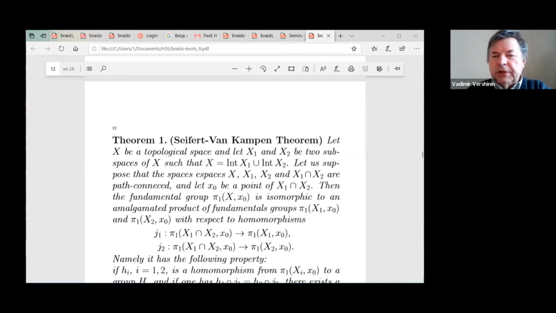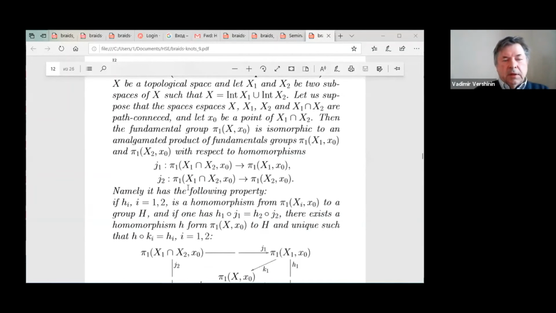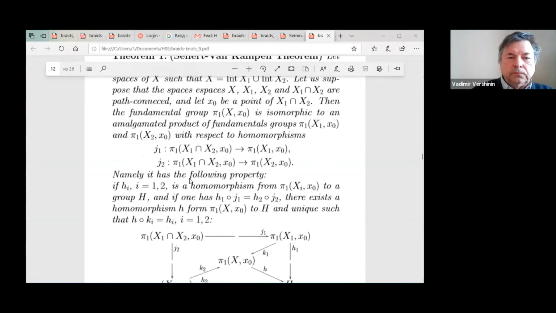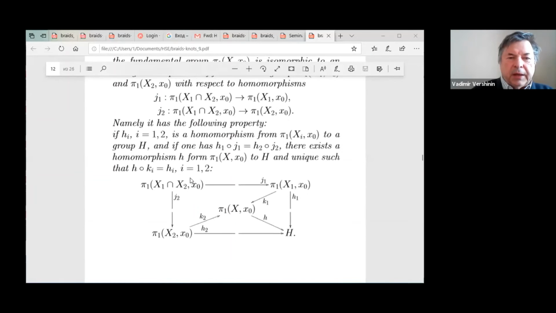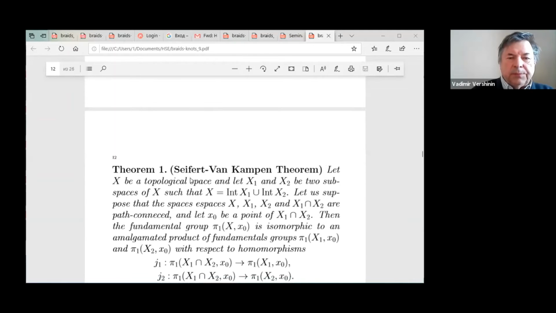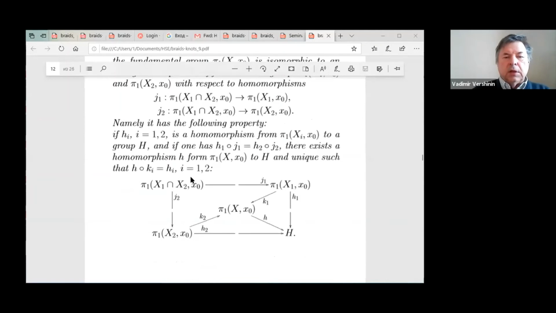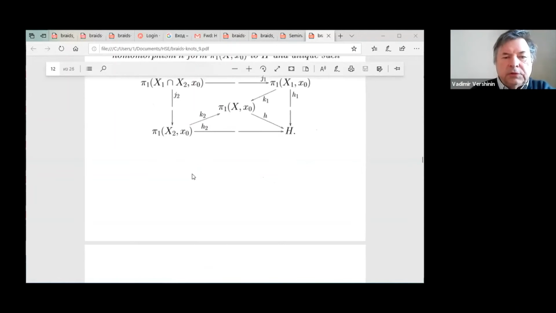Maybe the theorem for topological spaces is too general.